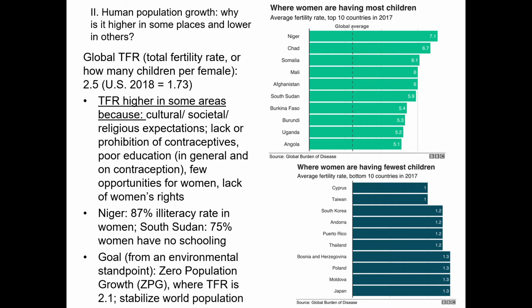You also have higher TFR, total fertility rates, where you have very few opportunities or very few rights for women. It's expected that they have a role in society, and that does not include jobs. It does not include really very many rights. It doesn't include education. Niger has an 87% illiteracy rate. South Sudan, 75% of women have no schooling whatsoever.